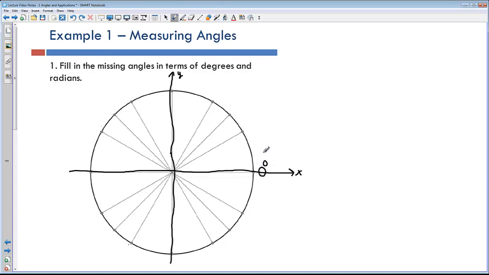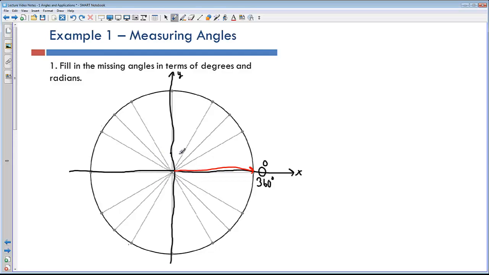And then hopefully you know how many degrees there are in a circle. Hopefully you say there's 360 degrees. So you could reference this angle right here as 0 degrees, or you could wrap all the way around and say it's 360 degrees, and you could go on like that forever. If you add another 360, you get 720. You could also go the other way, which would be negative.